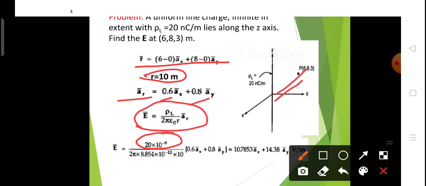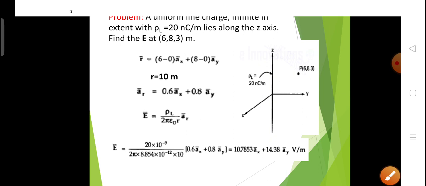Then the aR vector is already calculated, that is 0.6 ax plus 0.8 ay. Now we have the final equation: 10.7853 ax plus 14.38 ay volt per meter. This is the required electric field for the given problem.